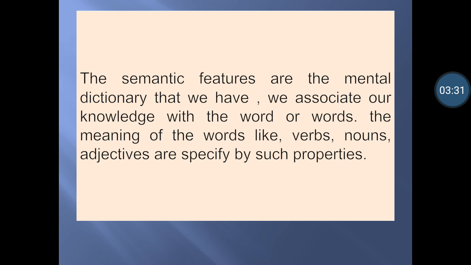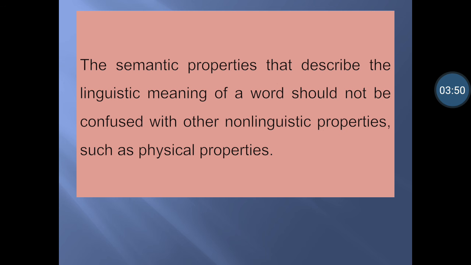We associate our knowledge with the word or words. The meanings of words like verbs, nouns, adjectives are specified by such properties. The bits of information are some evidence for semantic features. The semantic properties that describe the linguistic meaning of a word should not be confused with other non-linguistic properties, such as physical properties.